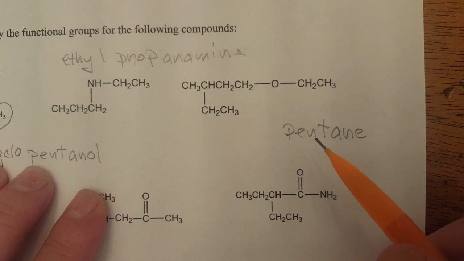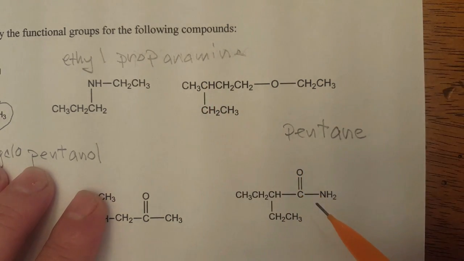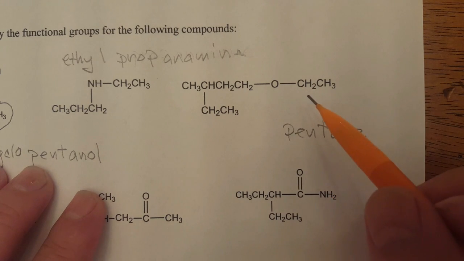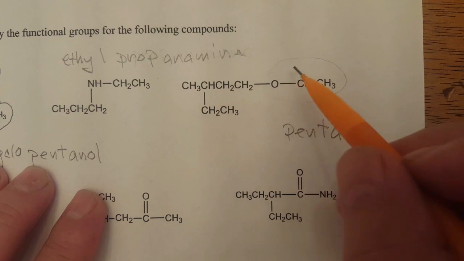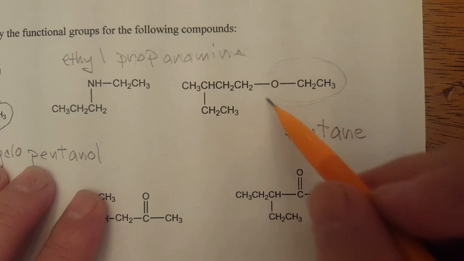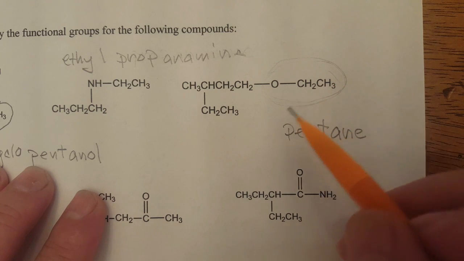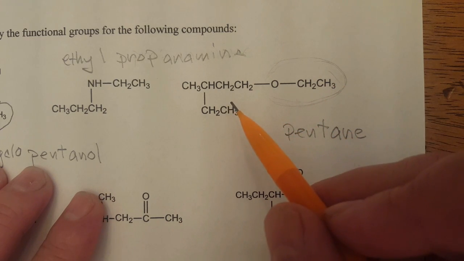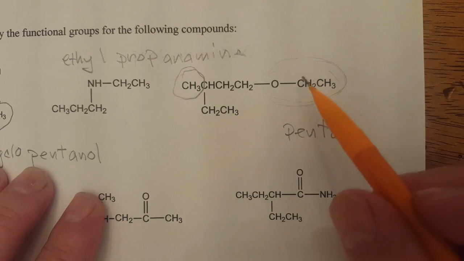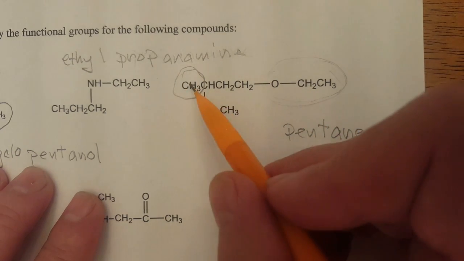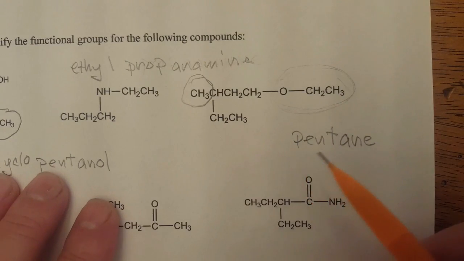It has 2 substituent groups. It has a methyl group, and it also has an ethoxy group. So this is an ethoxy substituent group. This guy right here is a methyl. So E comes before M in terms of substituent groups.